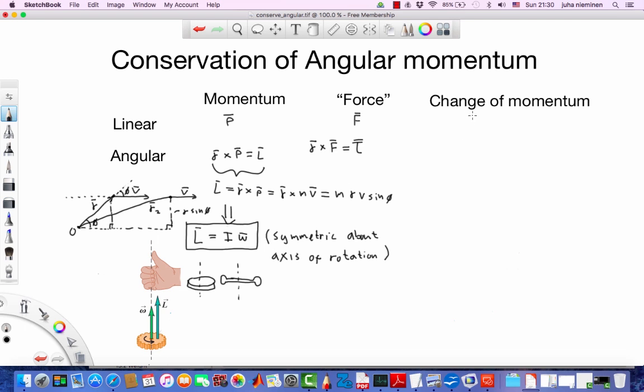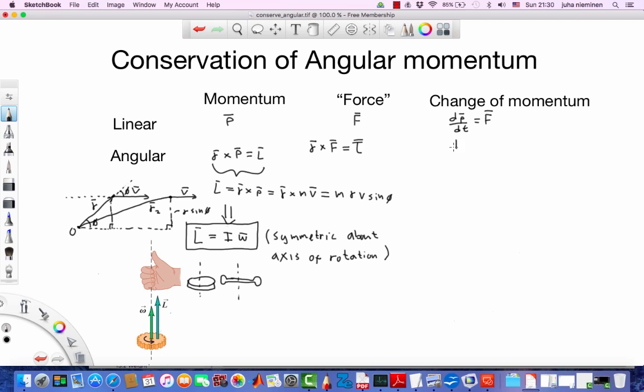Okay, so we have the rest of the table to fill out. What is the change of momentum in the linear world? By change of momentum, we mean as a function of time. This is Newton's second law, which says that one requires a force to do that.